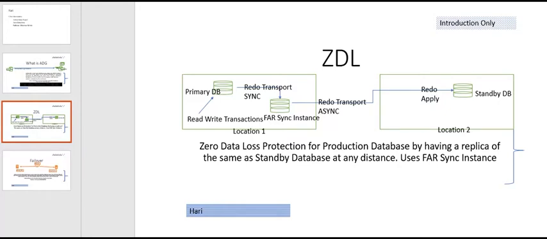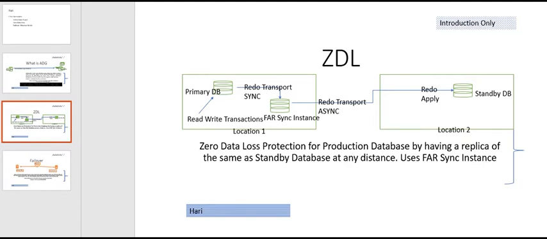So the concept of far sync instance comes into the picture when zero data loss protection for production databases is required. A far sync instance takes redo transport in sync mode.